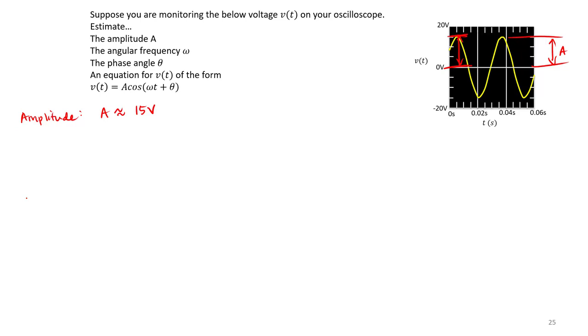Next is our angular frequency. Remember, to find angular frequency, we can use the equation omega equals 2 pi over period. So let's find period.